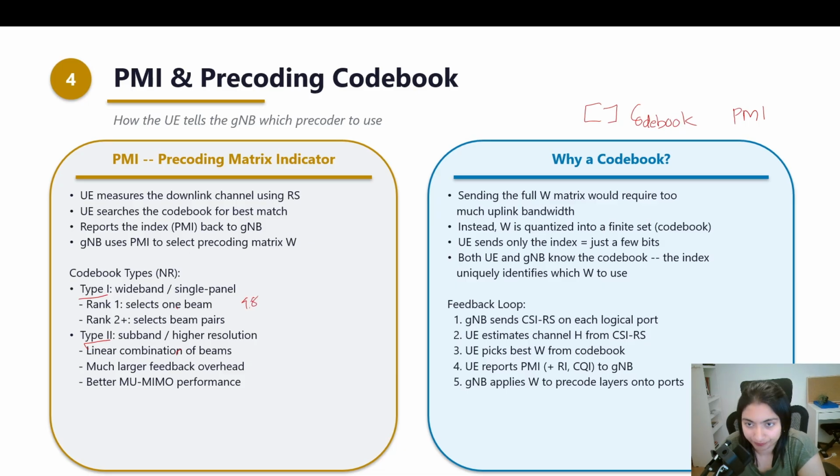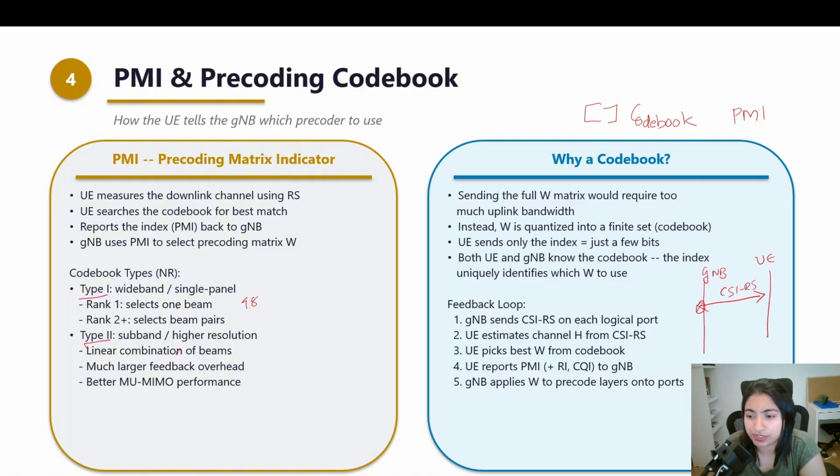Now the feedback loop in which the UE tells the gNodeB which precoding matrix indicator to use is as follows. We have the gNodeB here, and the UE here. The gNodeB sends CSI-RS, which is channel state information reference signals, on its logical ports.